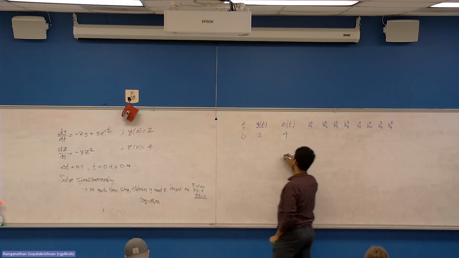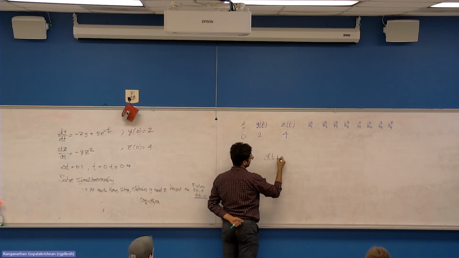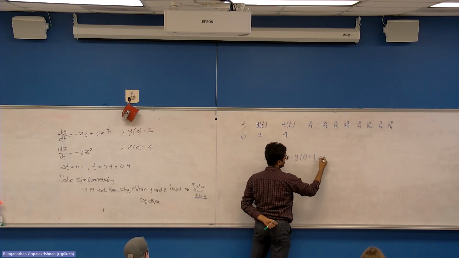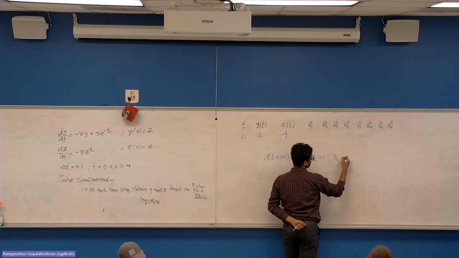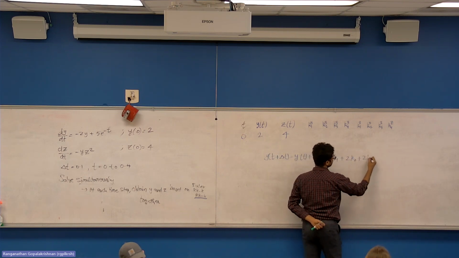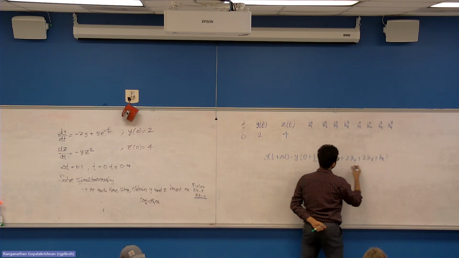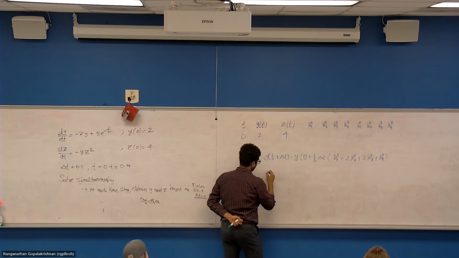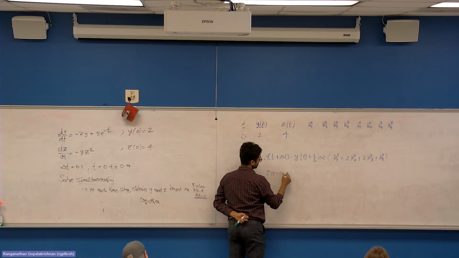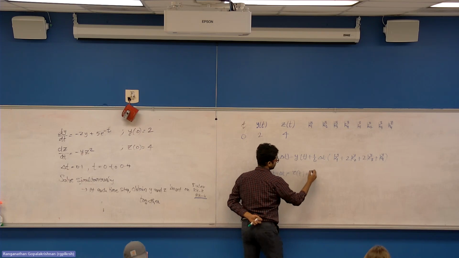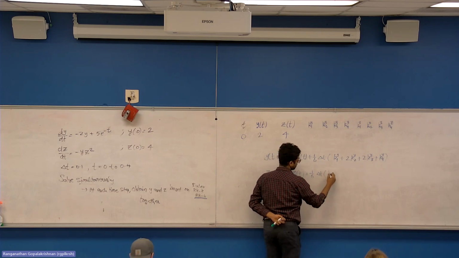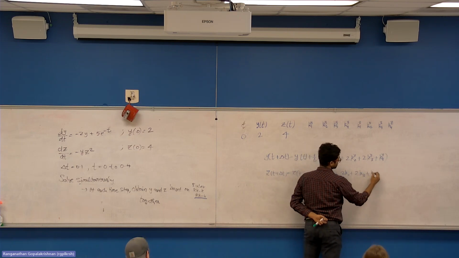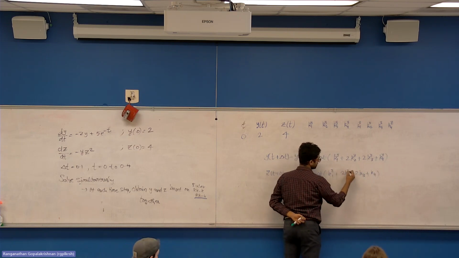So you would then use these values to write y at the next step is y at the current step plus 1 by 6 delta t, K1 plus 2 K2 plus 2 K3 plus K4, but this is corresponding to the y's, and z at t plus delta t equal to z of t plus 1/6 delta t, K1 plus 2 K2 plus 2 K3 plus K4 corresponding to the z's.